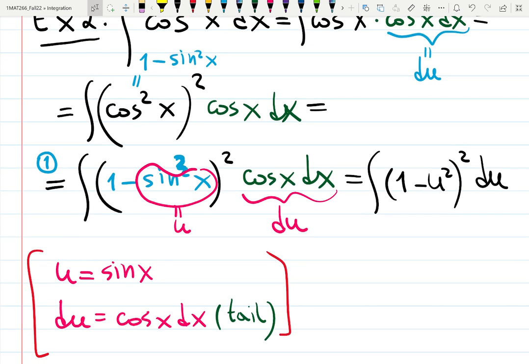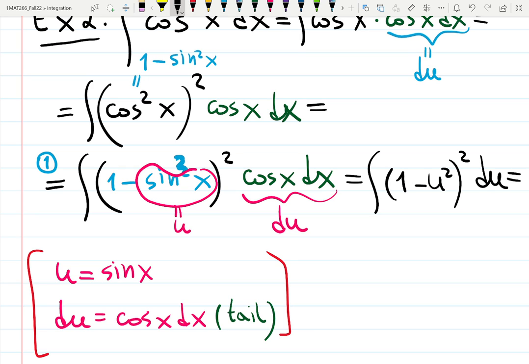Oh, then you will have to deal with it. If the tail is not a perfect du, you just have to deal with how the derivative will match it. We're going to have this example right now. What if it's like 5 over here? Or even worse, what if this one is 5 and so on? We will have that too. Especially with sine and cosine, they can be minus and plus. The derivative of cosine is minus sine. We will have that after this example. Good question. It's not that this is a perfect, nice looking example. Others will be the same, but with the hassle of coefficients and negative signs.